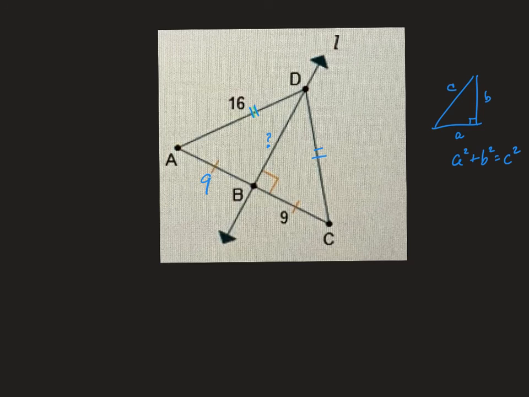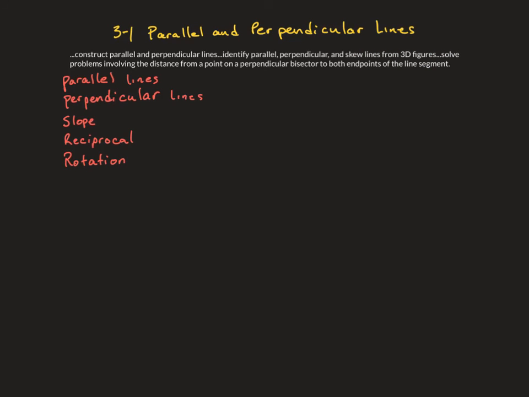This could be considered A, this can be considered B, and this could be considered C, and I could do those values there and figure it out. But just being able to identify that this is 16, this is 16, 9, and 9. I'm not going to go into the Pythagorean theorem right now.